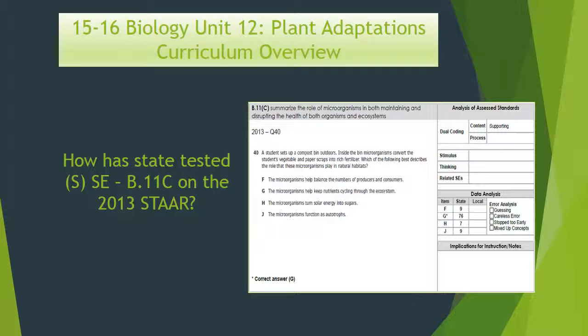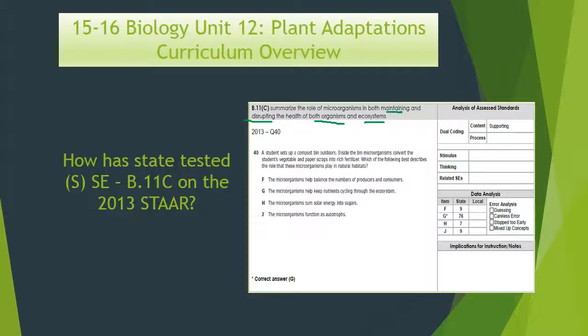Okay, and lastly, B11C says to summarize the role of microorganisms in both maintaining and disrupting the health of both organisms and ecosystems. So this is really a two-part question. We're looking at maintaining the health of organisms, maintaining the health of ecosystems, disrupting the health of organisms, and disrupting the health of ecosystems.